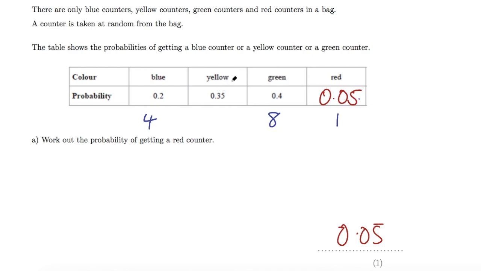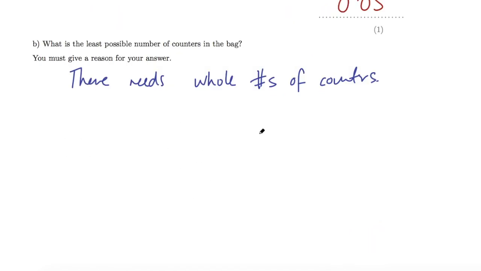0.05 less probability of picking a yellow counter than a green counter. So I can take 1 away from the number of green counters, and I must have 7 yellow counters. So just to explain your working out, you might say let the number of red counters equal 1.